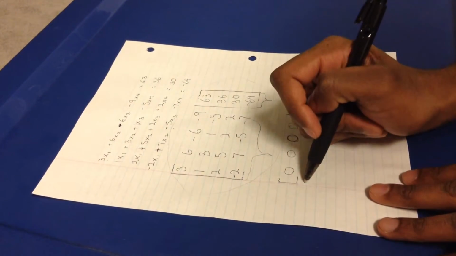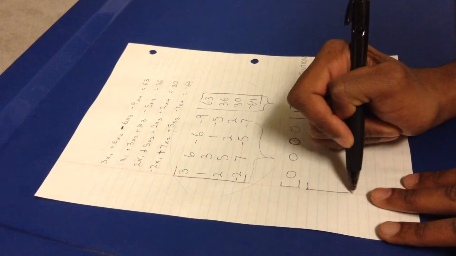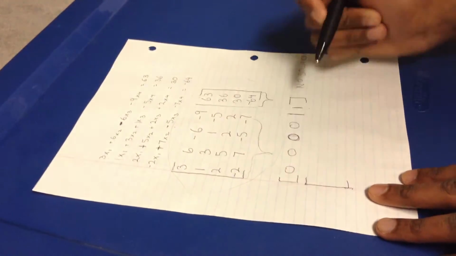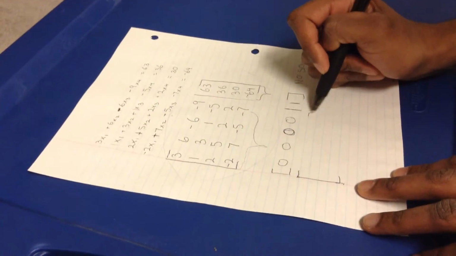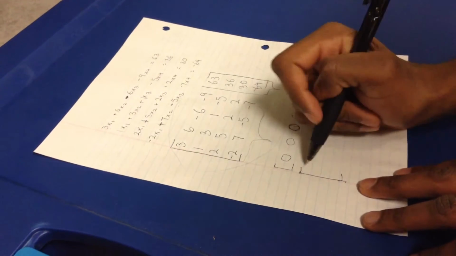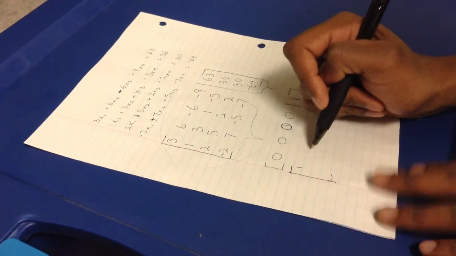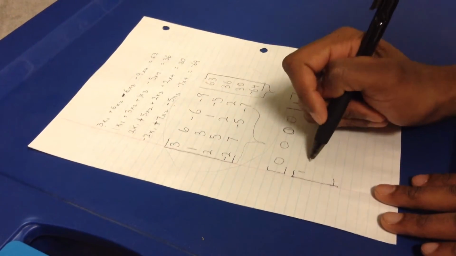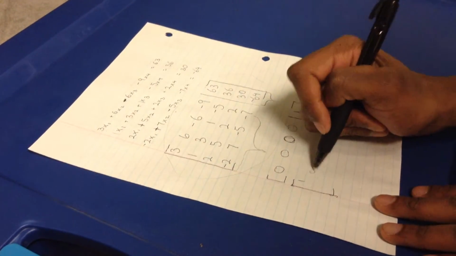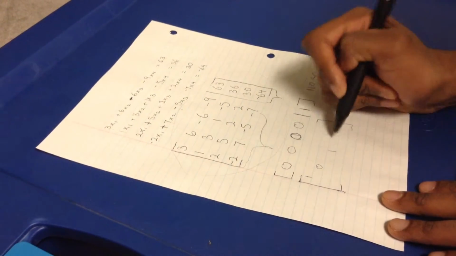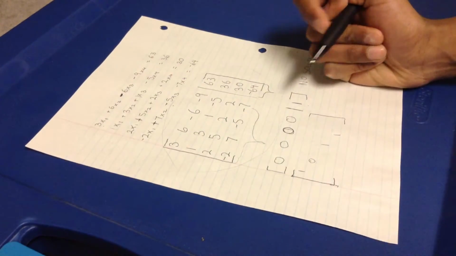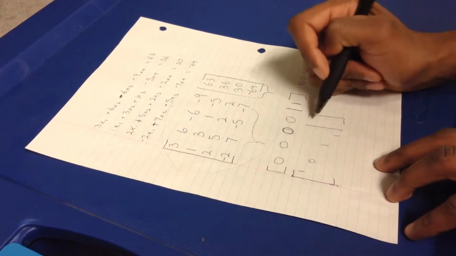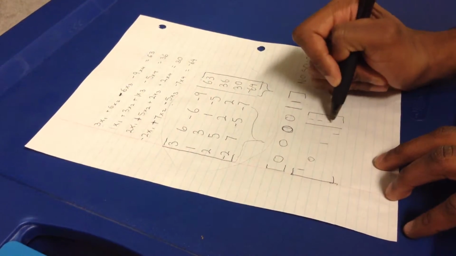For infinitely many solutions, once again I'm going to draw a simple matrix: we've got a 1 here, any number or 0 here, and 1 here, 1 here, and these are whatever numbers you get.